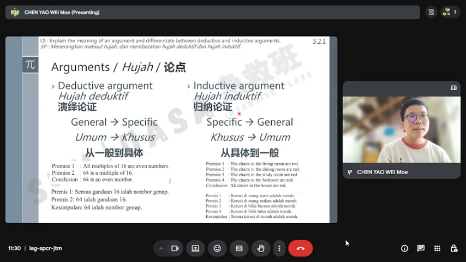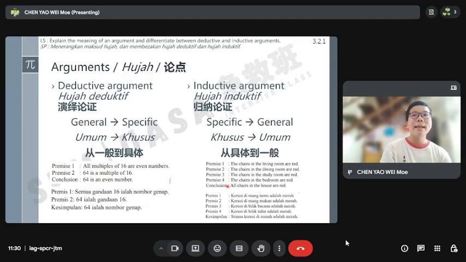But for inductive, it goes from specific premises to a general conclusion. For deductive, the first premise must be in general form. But for inductive, all the premises are specific, and then my conclusion is general.